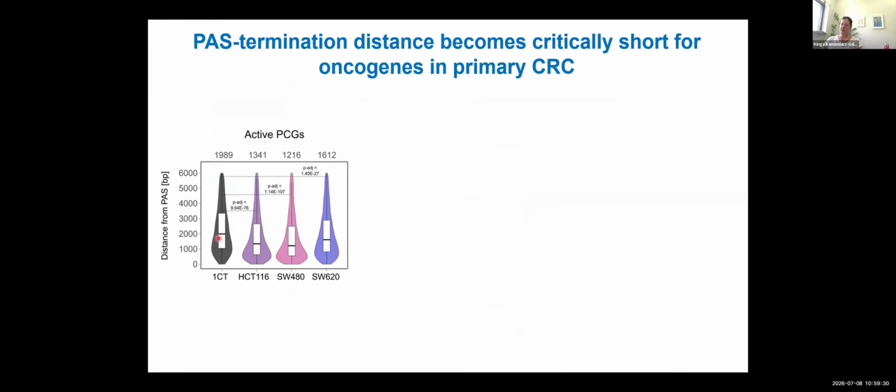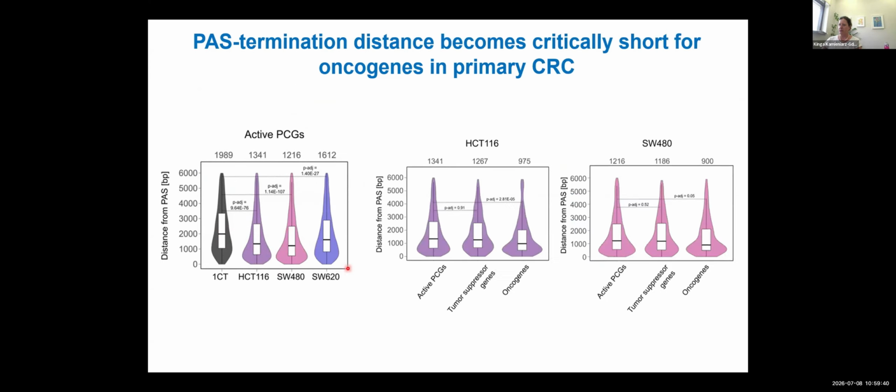So we could see that there's a very strong decrease in this distance in cells from primary tumors, a partial reversal here. And what is also really striking is that this distance is much shorter for oncogenes.